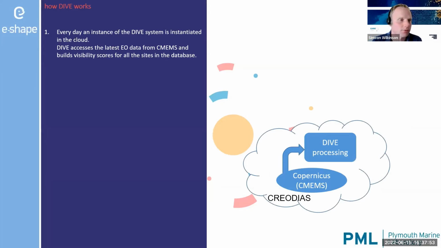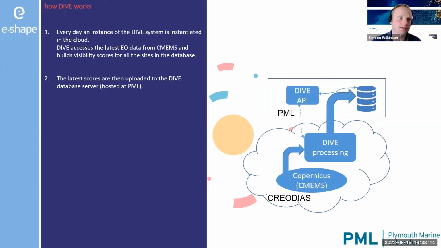So a quick overview of how our Dive system works. Every day, an instance of the Dive system is instantiated in the cloud, and we're using the EuroGEO platform. Dive accesses the latest EO data from CMEMS, which is available on the EuroGEO platform, so we don't need to upload the data. That will build the visibility scores for all the sites we currently have in the database.